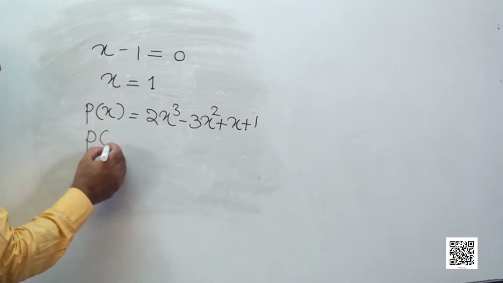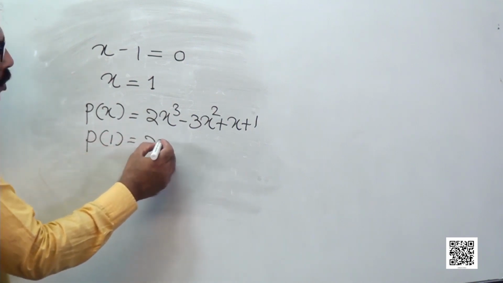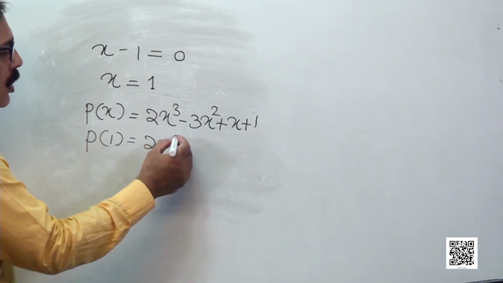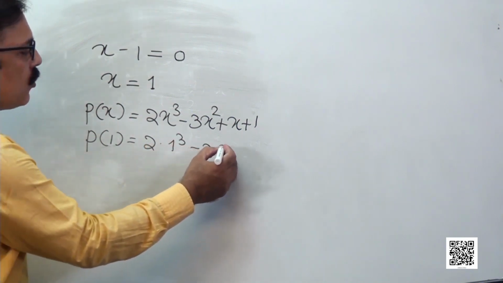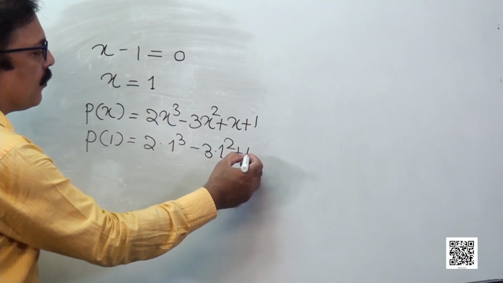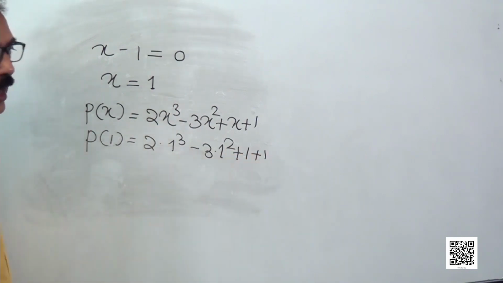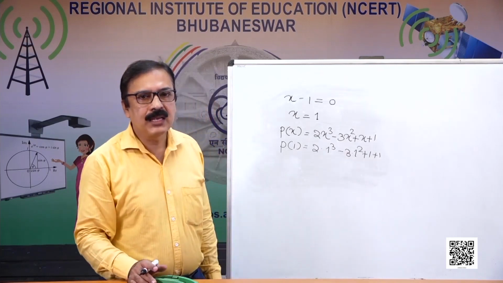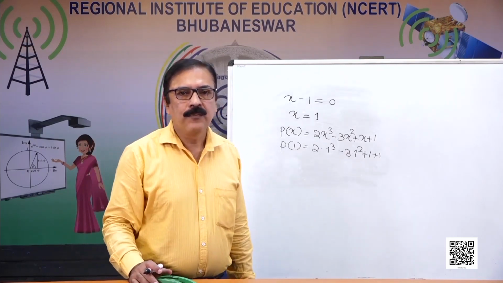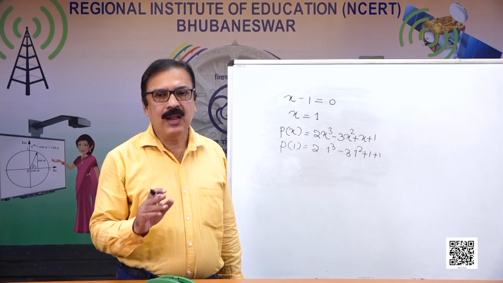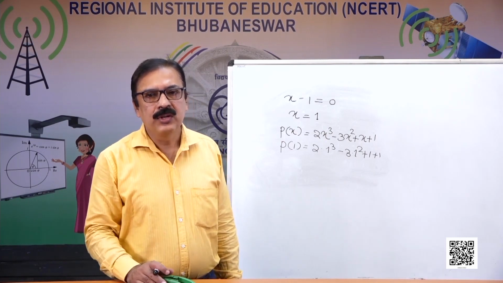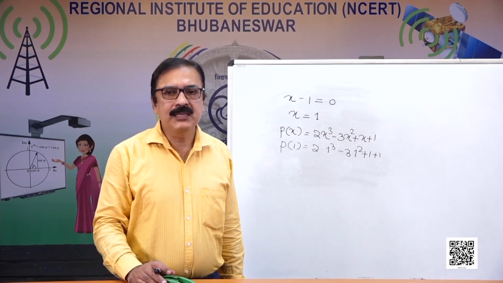So P1 becomes 2 into 1 cube minus 3 into 1 square plus 1 plus 1. So what do we get? From this calculation, we get 2 minus 3 plus 1 plus 1, that means the value is 1.